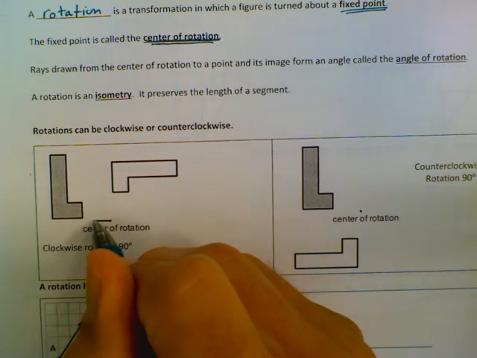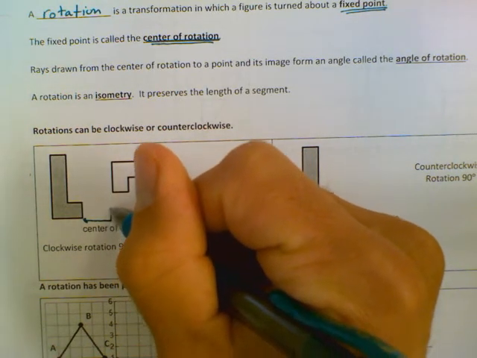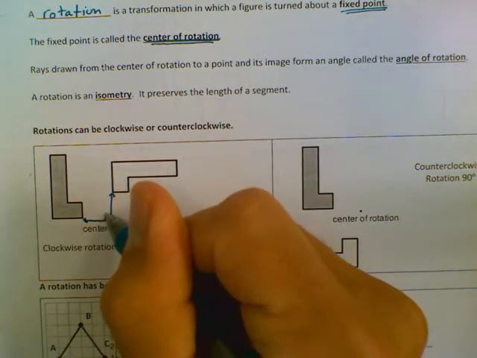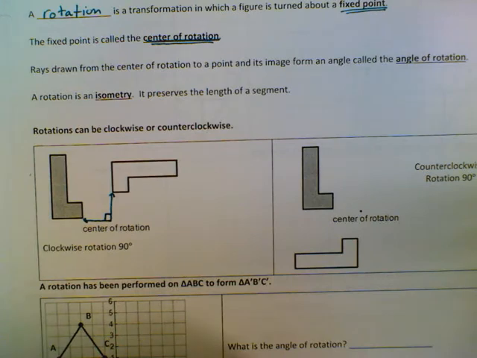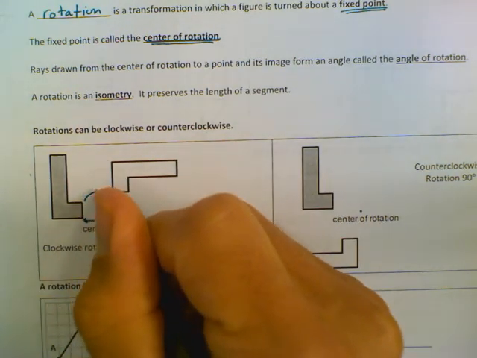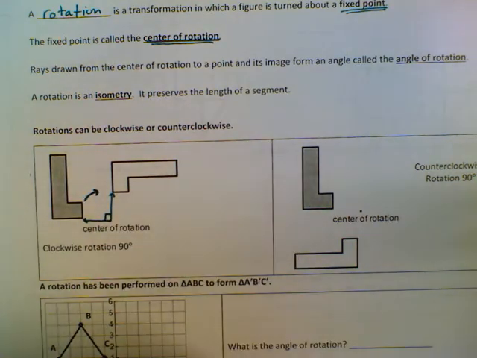If you were to draw a ray to two corresponding parts, then you can see that there was a 90-degree rotation. Furthermore, you can see that it is a clockwise rotation because it has been rotated towards the right.